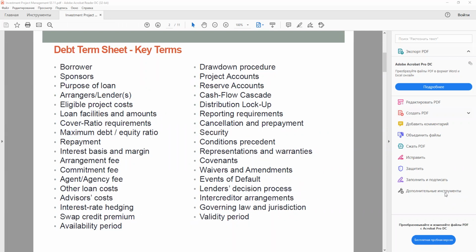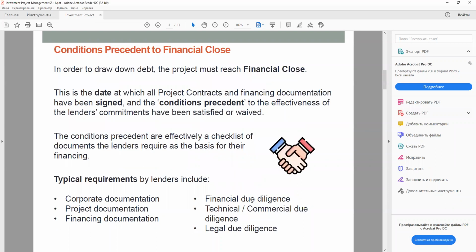So, what are the conditions precedent to financial close? Even when the financing documents and the project contracts are signed, and they should be simultaneous, the sponsors have not yet finally obtained committed financing for the project company. Even at this stage, the banks may not actually provide the finance.